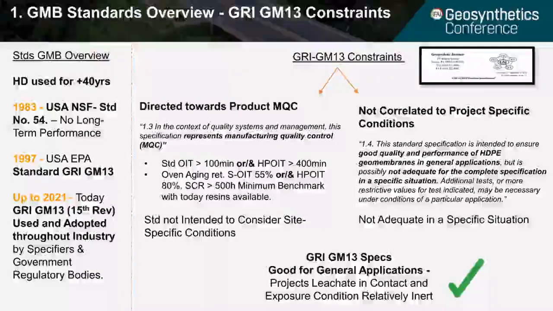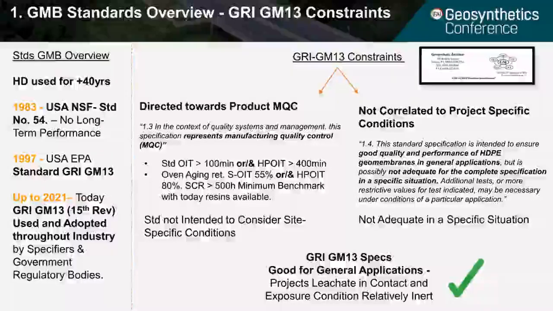Here in the second part, you can see that in clause 1.4, the GRI also states this standard specification is intended to ensure good quality and performance of HDPE geomembranes in general applications, but is possibly not adequate for the complete specification in a specific situation.